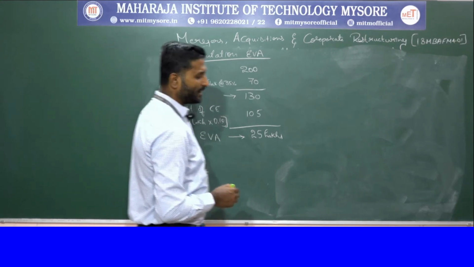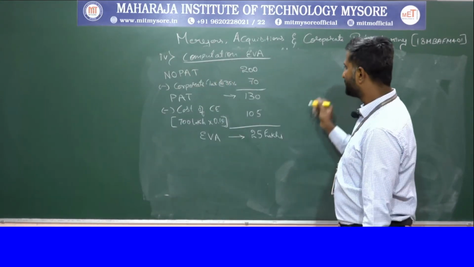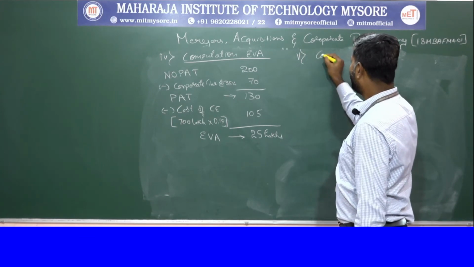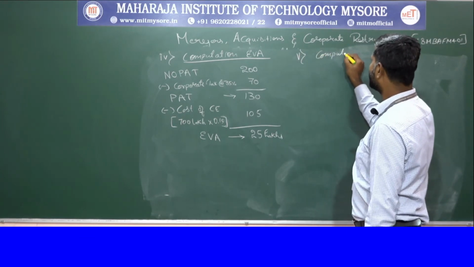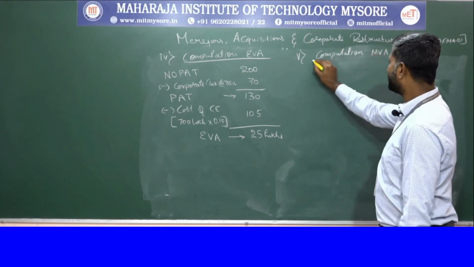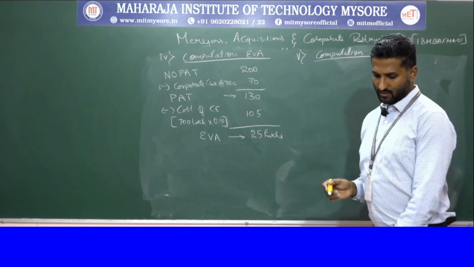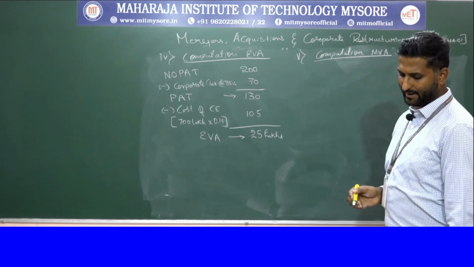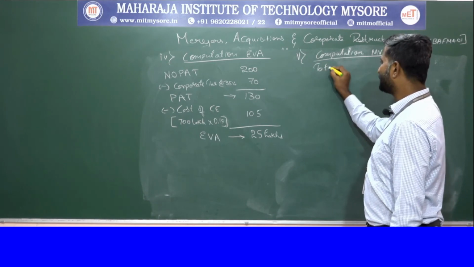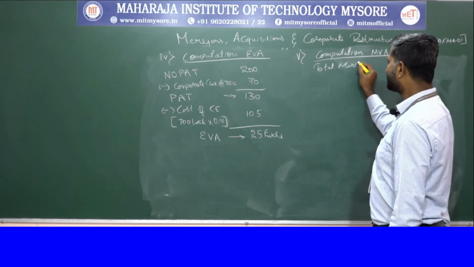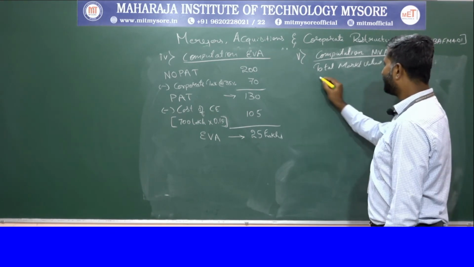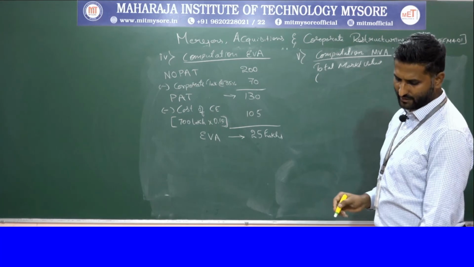Then we are going to calculate the computation of market value added. For the computation of market value added, we have to determine the total market value, which equals the total number of shares times the market price.